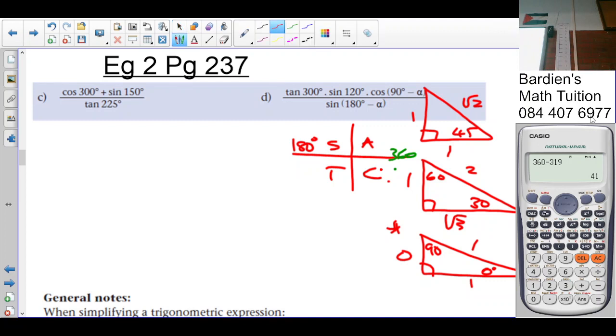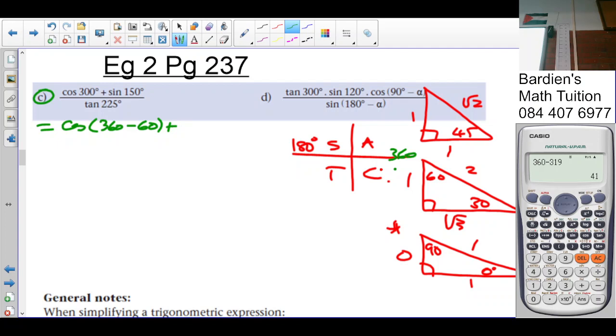So C. Cos 300 plus sine 150 over tan of 225. In which quadrant is 300? Fourth quadrant. So how do we get into the fourth quadrant? 360 minus 60, plus. 150 is in which quadrant? Second quadrant.